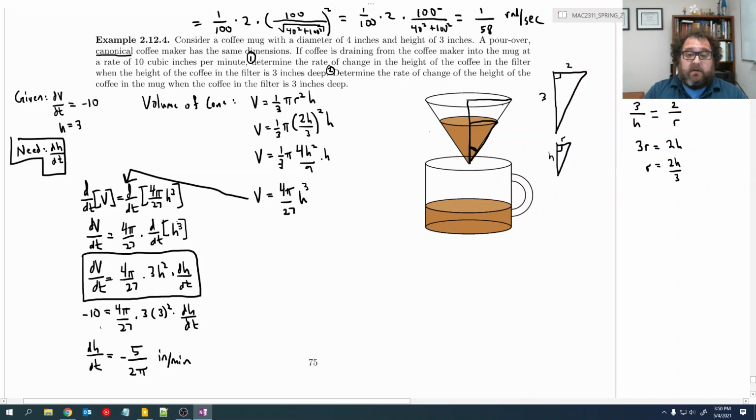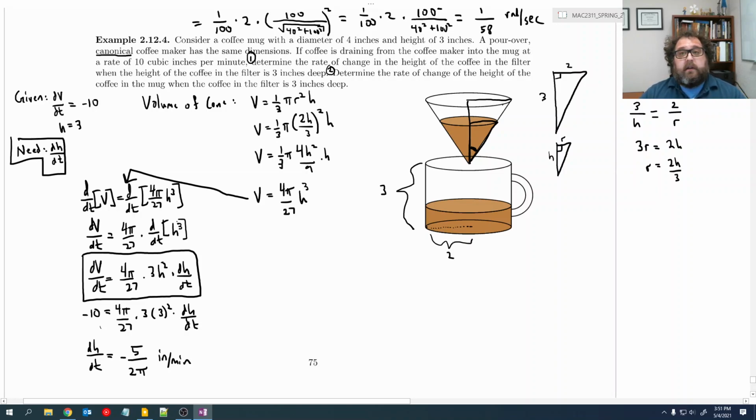So let's think about this mug. What do we know about the mug? Well, we're told in the first sentence that the height is 3 inches. And the diameter is 4, which means we're probably going to need the radius instead. The radius would be 2 if the diameter is 4.